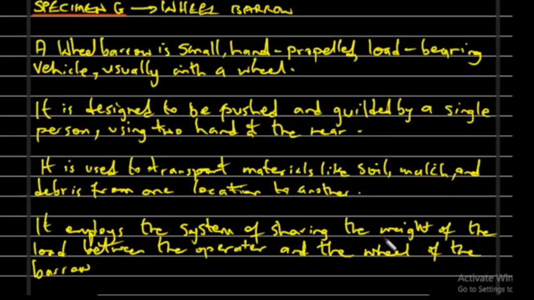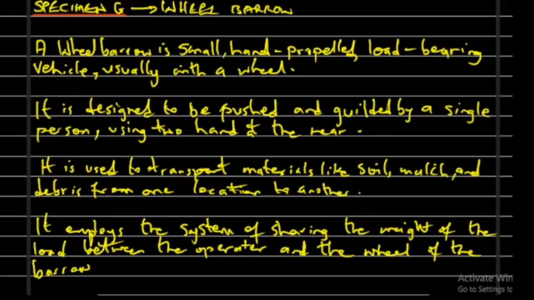It employs a system of sharing the weight of the load between the operator and the wheel of the barrow. This is what I'm saying here. This is an example of a wheelbarrow. So when load is put in the bucket here, that is where we have the load put, and then it is lifted on these handles here by the operator.